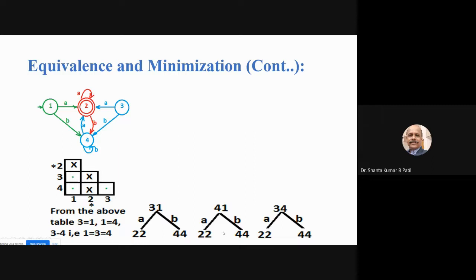Stop the construction of the tree and decide the square 4 1 is similar. Like that, 3 4, 3 4 on A is 2 2, 3 4 on B is 4 4. So leaf nodes are again similar. Hence, decide the 3 4 are similar.